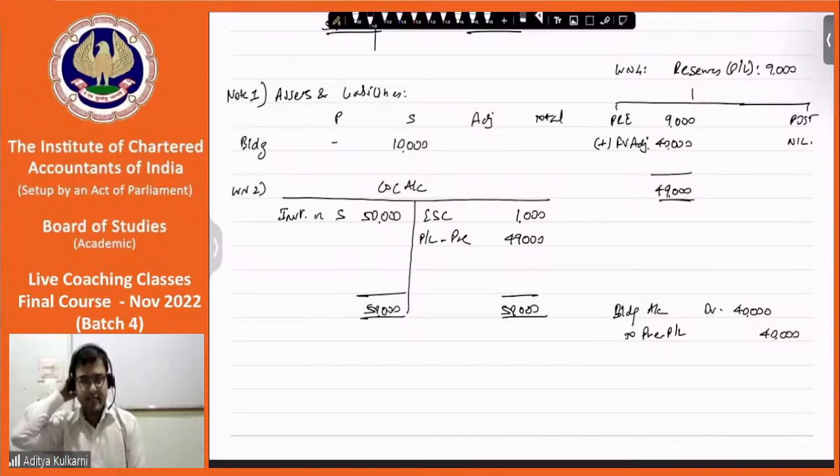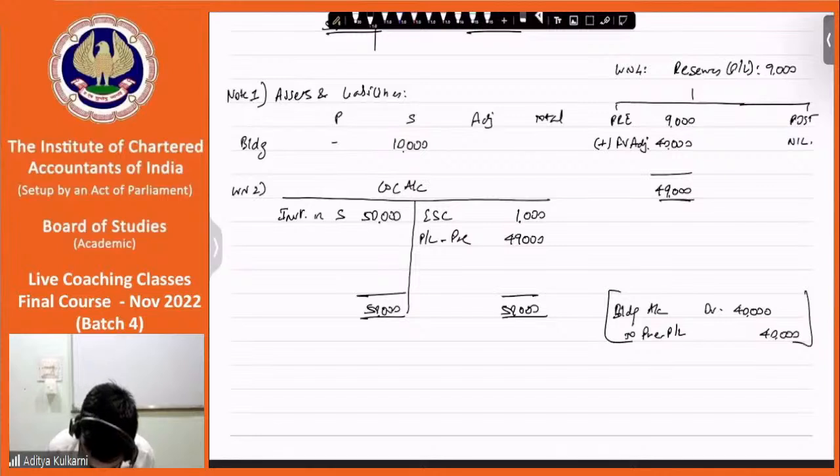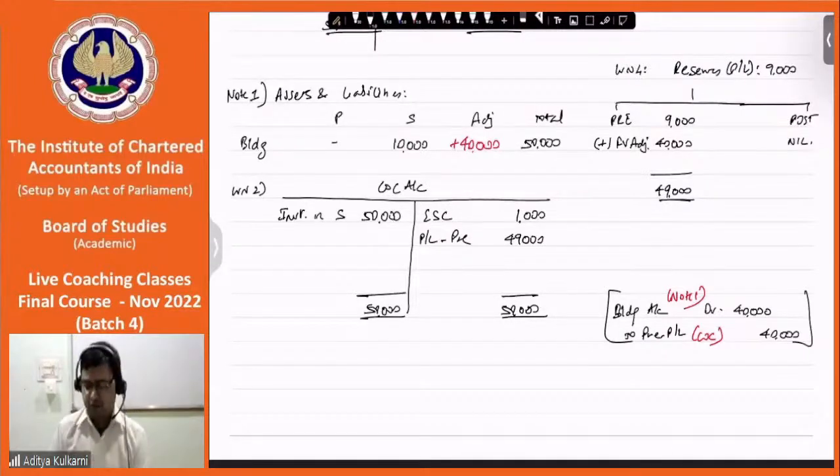Ultimately, the COC tallies, there won't be any goodwill. In the assets and liabilities, because of this adjusting entry, one effect went in the COC account, the other effect goes in note 1. I will add 40,000 in the adjustment column and building will appear at 50,000.